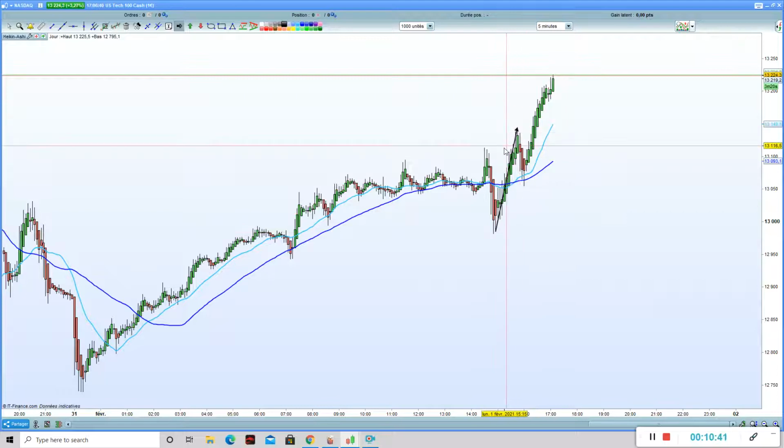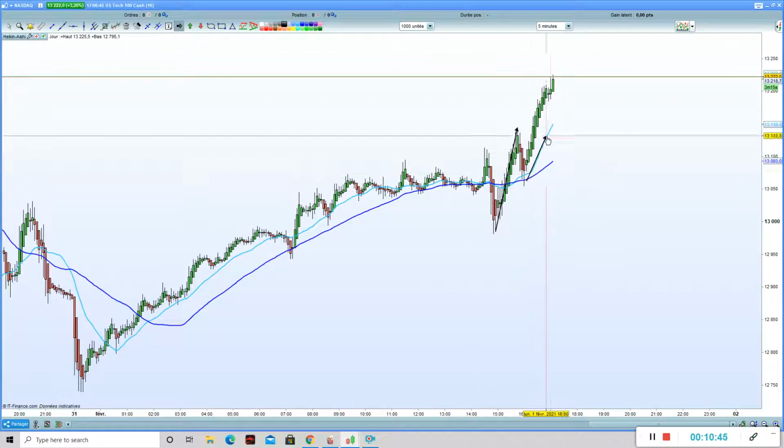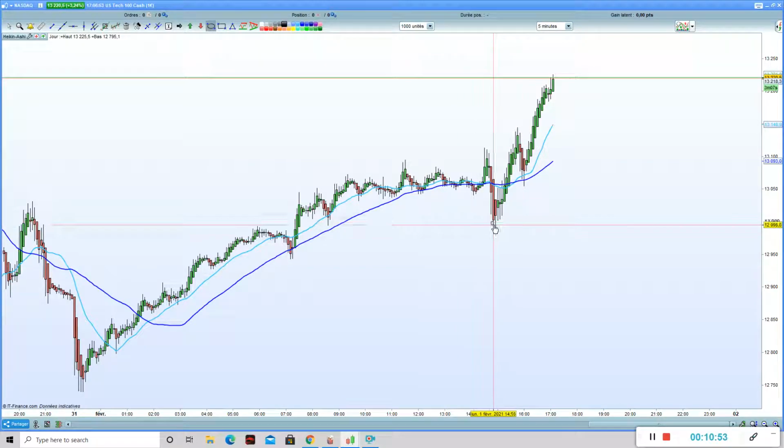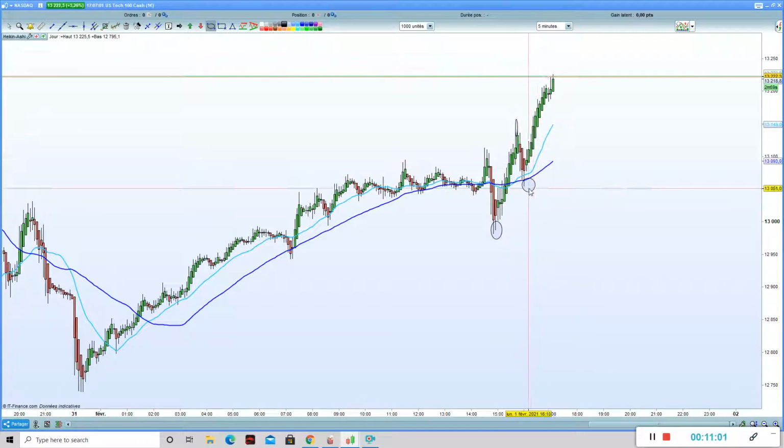Then we went up again and we went higher than this one. Then the pullback happened and I could buy here because the movement reversed here. You can see that we went up more.